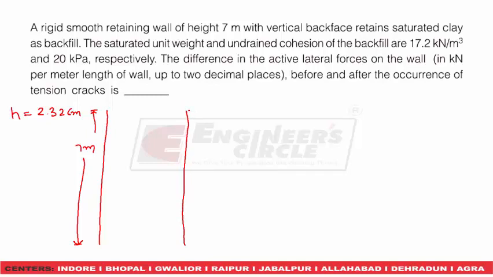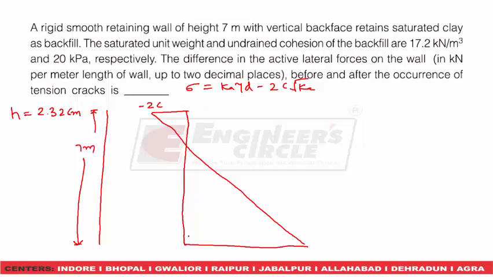So we know that the variation of earth pressure is given by sigma equal to Ka gamma d minus 2c root Ka. Now at the top the depth is 0, so the value will be minus 2c root Ka, that is minus 2c.